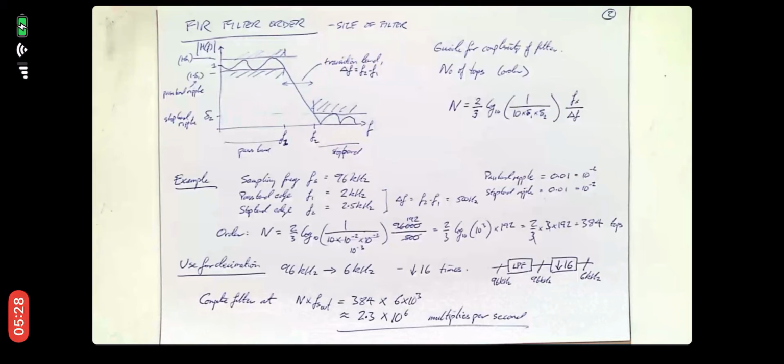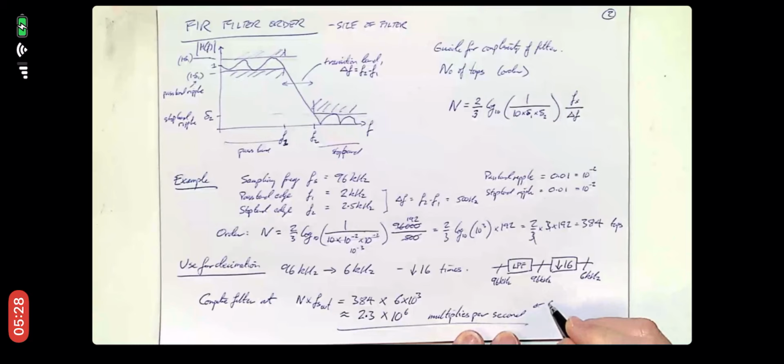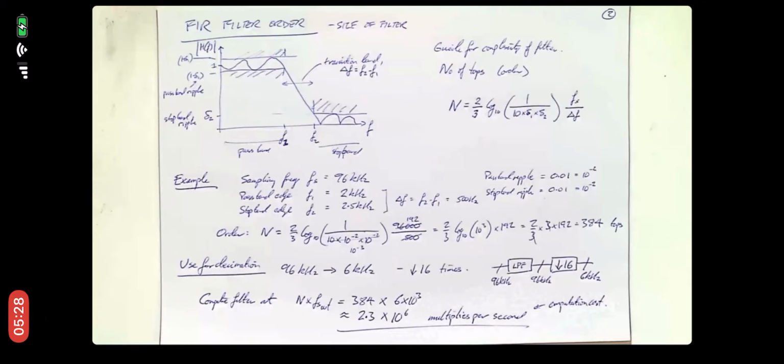So that's the computation cost for this filter. This is how much it's going to cost you to downsample from 96 kilohertz to 6 kilohertz in one go.